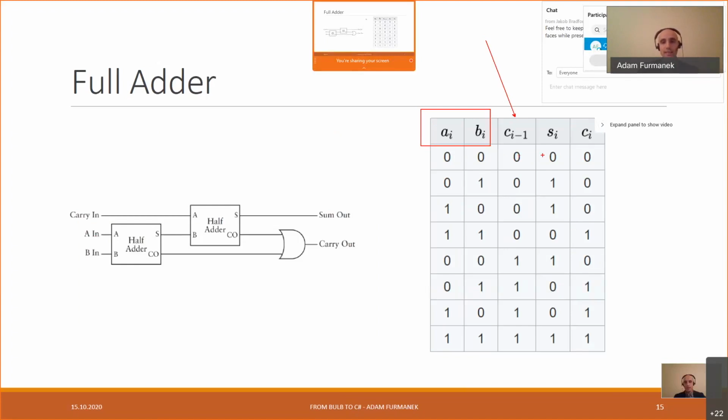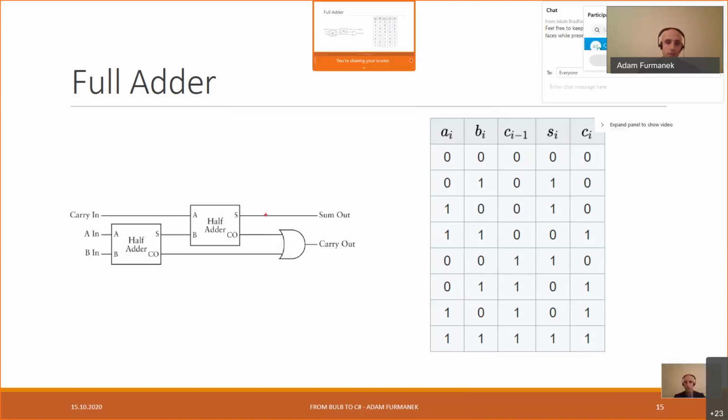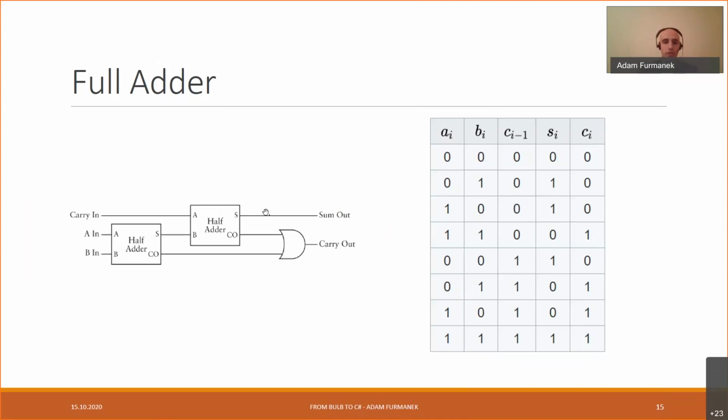For the sum, we use the half adder, and for the carry, we need to include the carry from both additions, because effectively we are doing two additions in one go. This can be depicted as one unit, which is basically an adder.